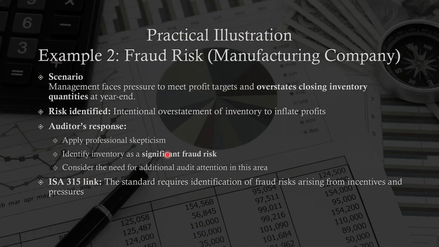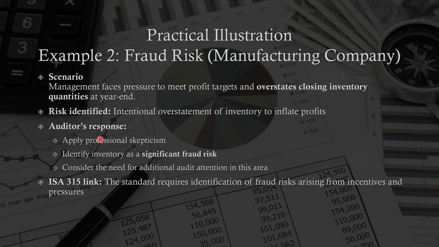Taking another example for fraud risk. Suppose management is under pressure to meet profit targets and intentionally overstates closing inventory quantities. This inflates the profits and misleads users of financial statements. Here, the risk identified is intentional overstatement of inventory, which is a fraud risk.